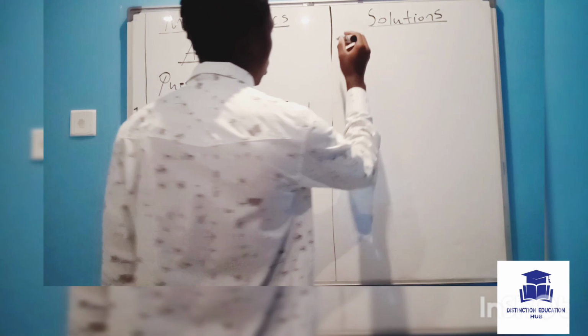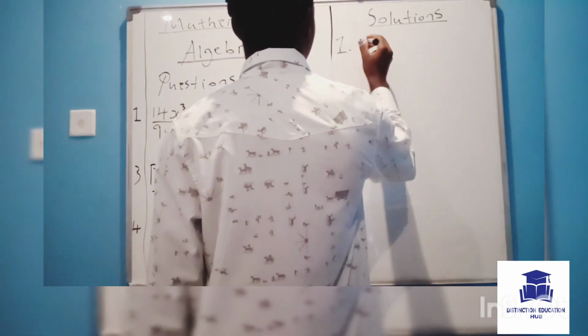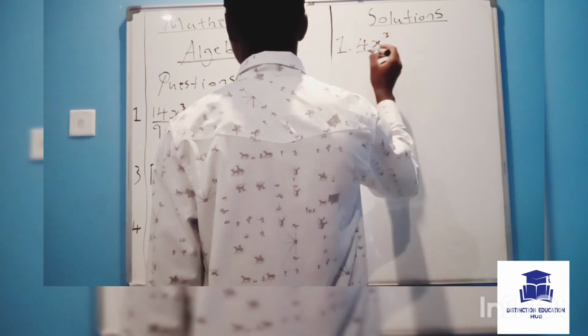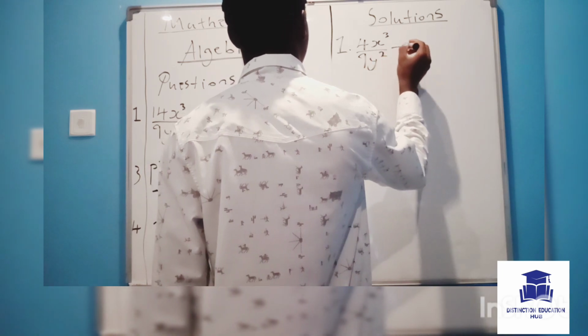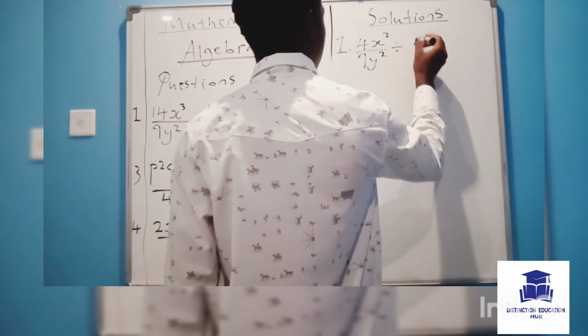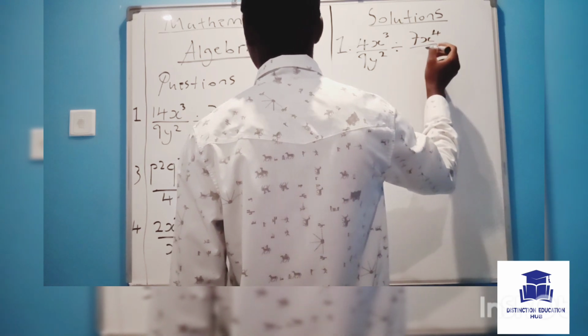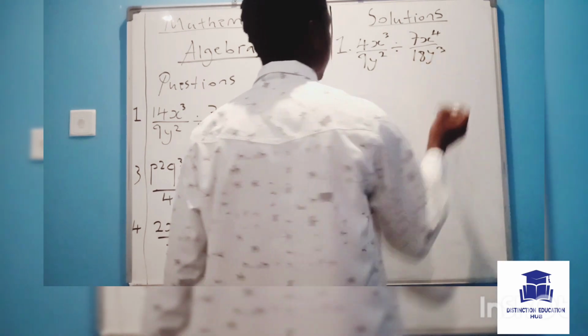Number one, we have 14x to the power 3 over 9y to the power 2 divided by 7x to the power 4 over 18y to the power 3.